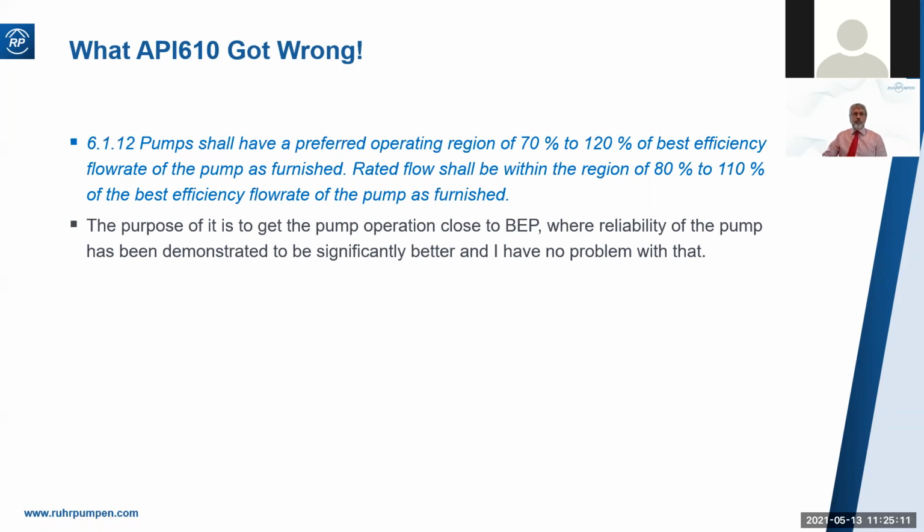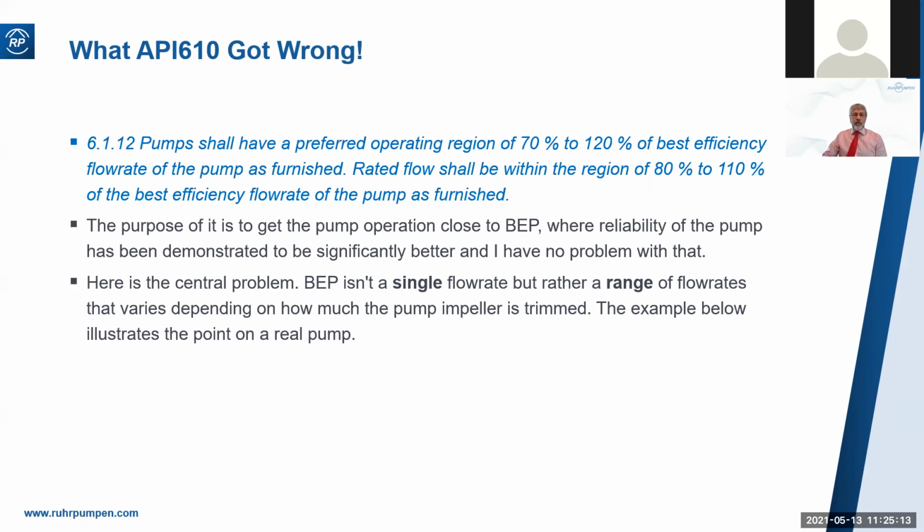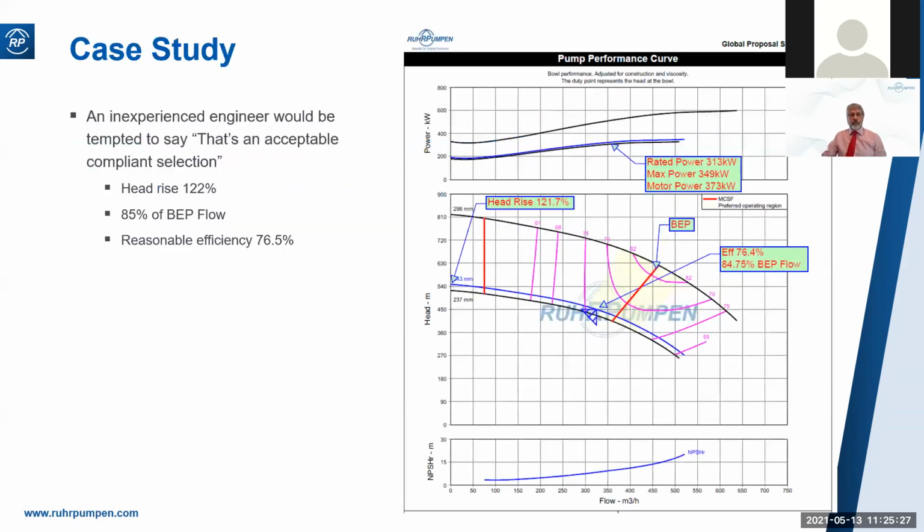But here's the problem. BEP isn't a single flow rate, but is rather a range of flow rates that varies depending on how much the impeller has been trimmed. Here's an example. Here is your BEP line. Here is your rated flow.